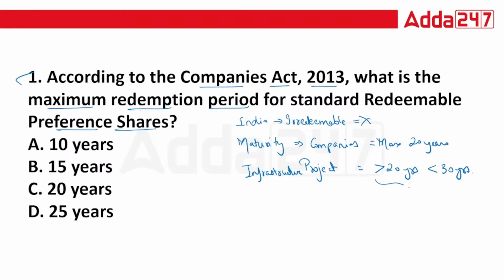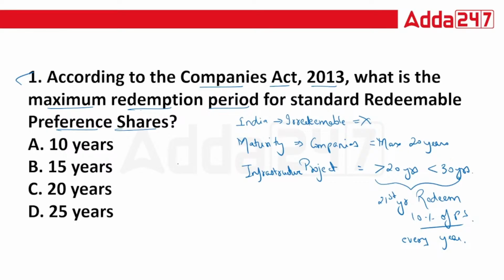Now, when infrastructure project companies are issuing for more than 20 years, from the 21st year, they need to redeem 10% of preference shares every year. This is the point you need to remember in case of an infrastructure project.